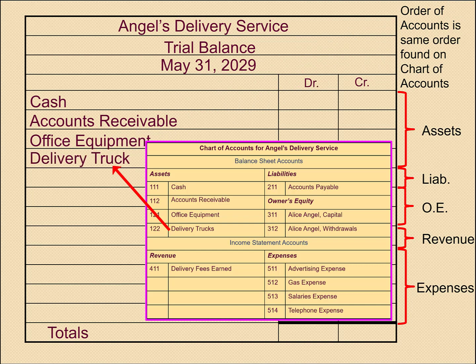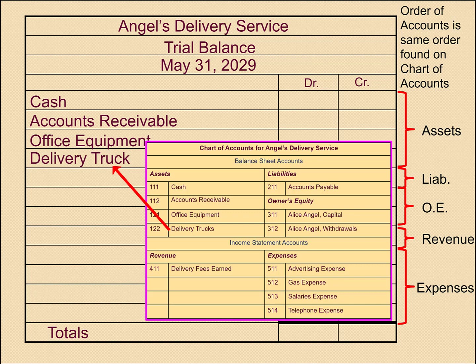And if you're wondering what order the assets go in, it's order of liquidity. Whatever is cash goes on the top, and whatever is the slowest to turn into cash is last, like the truck. They're probably not going to sell the truck and turn it into cash anytime soon, so that's the last thing. And the accounts receivable is usually the second asset listed after cash.